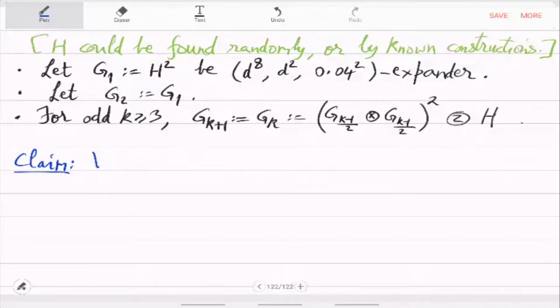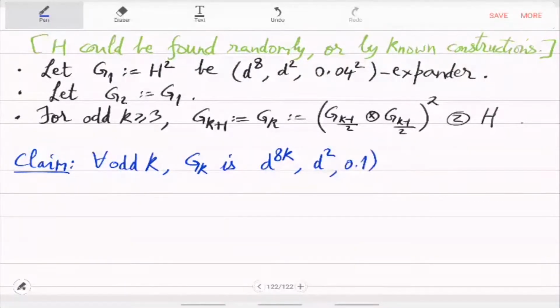So the claim is that for all odd k, GK is a d raised to 8k vertex, d square degree, 0.1 expander. Remember, d is a constant. So d raised to 8k is like 2 raised to order k.